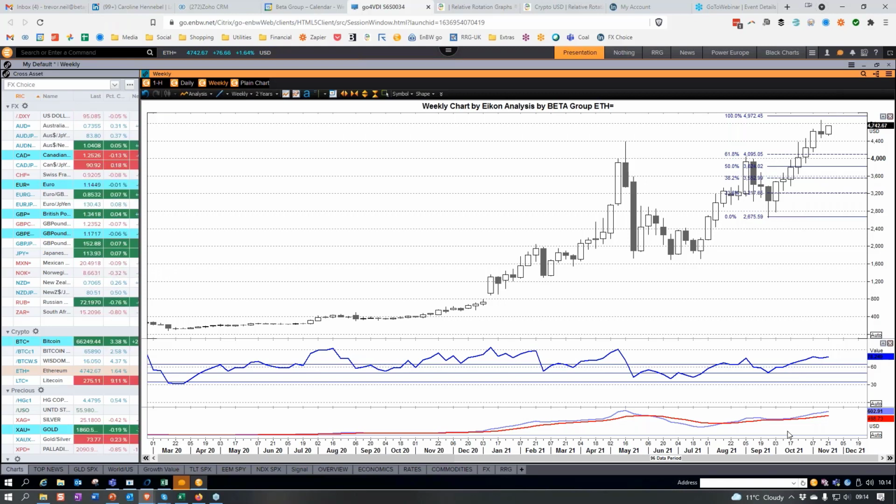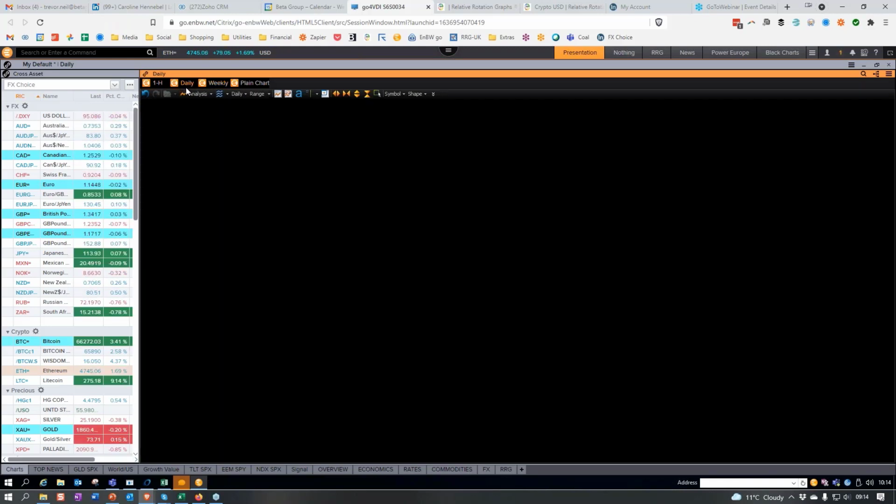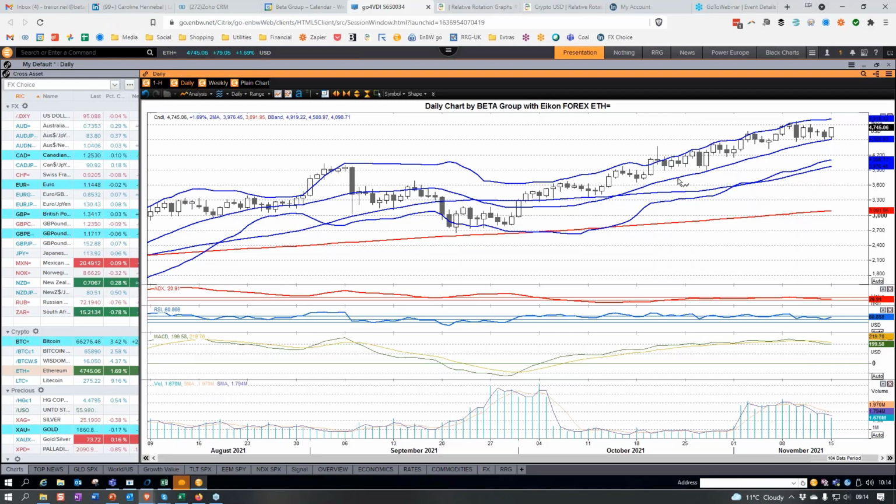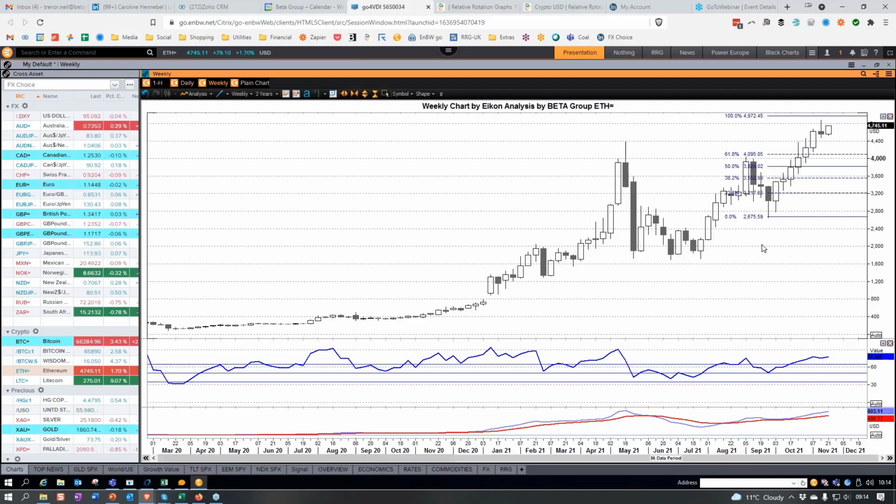The RSI is bullish, the MACD is bullish. On the daily chart, we're moving ahead in quite an orderly way. I think that's nice and constructive. Some slight weakness last week, but really the trend is still up. But what's interesting me so much is the count. So if we go from A, B, C, 100% here is at 4,900.